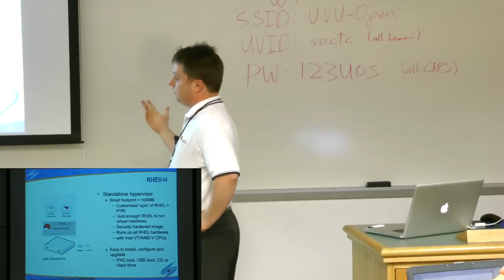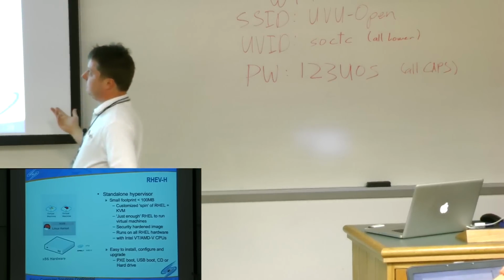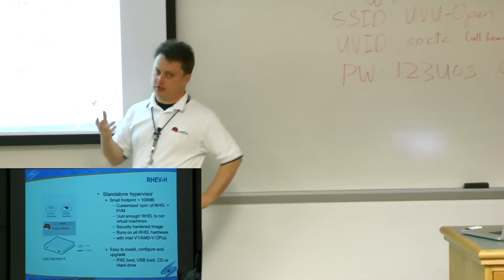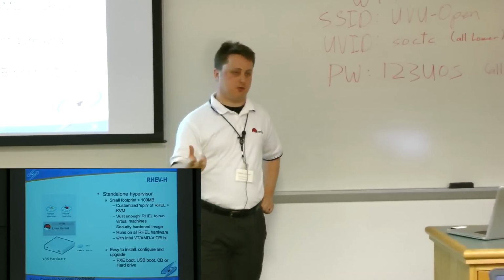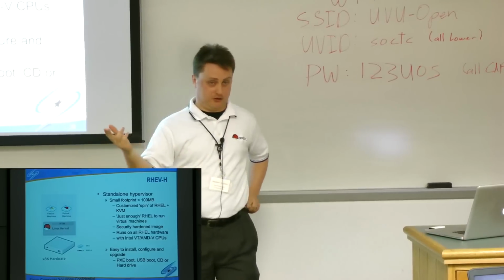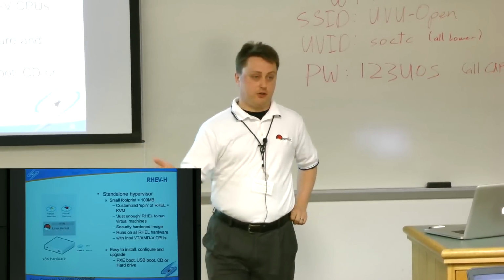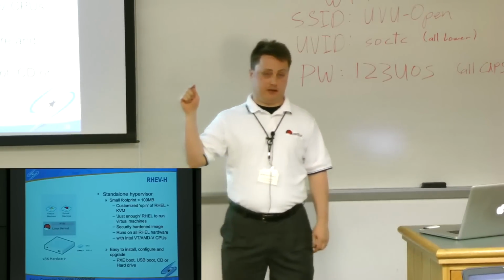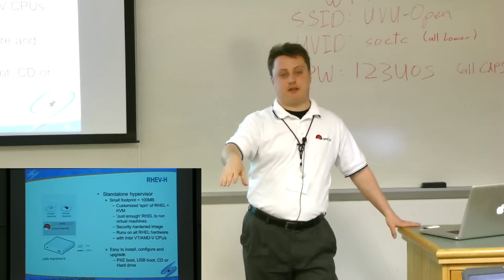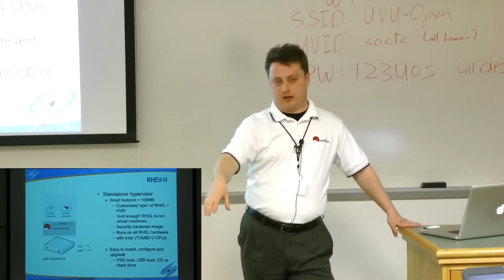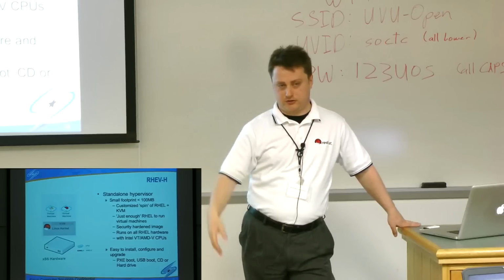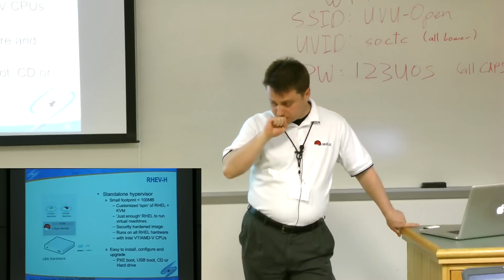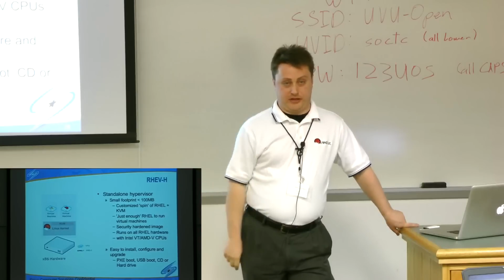So RHEV-H, or the oVirt Node, is basically just enough Linux to run your virtual machines. It's basically a live image. You create a live image, and then it zaps that live image onto your flash memory or your hard disk, and it's read-only at that point.